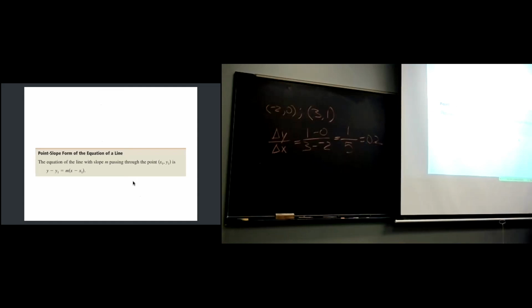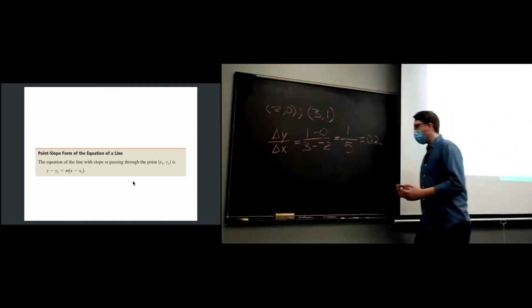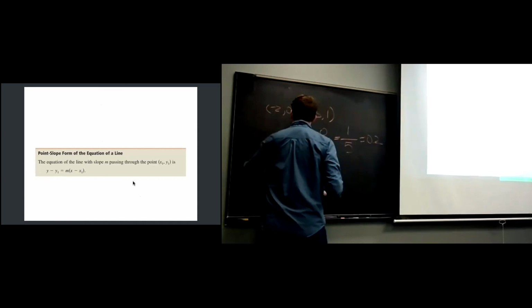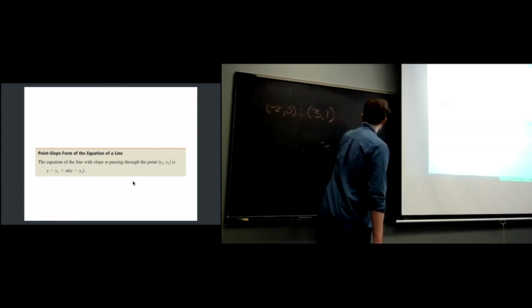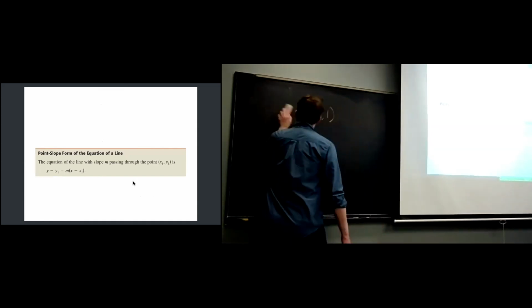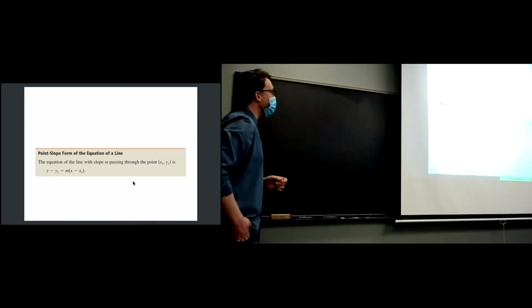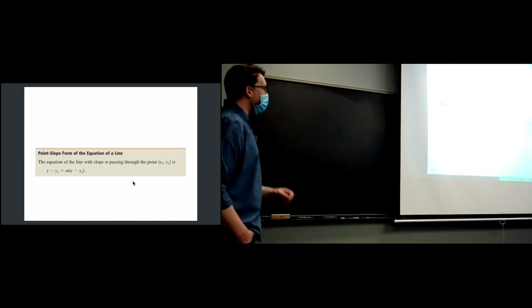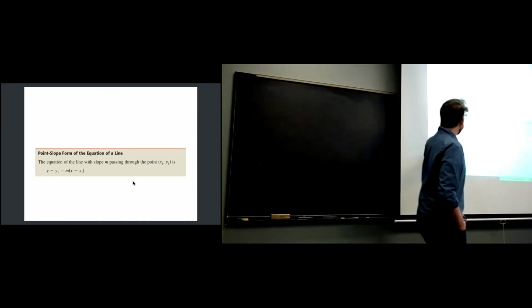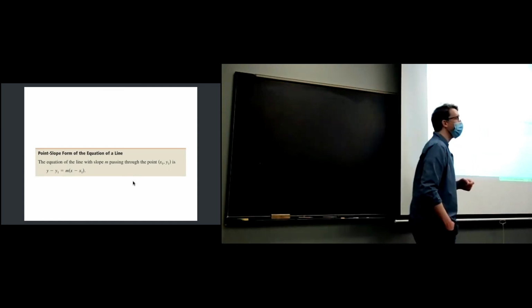So this brings us to another point. There are several different ways to write the equation of a line. If given a set of points, we could use point slope form to find the equation of a line.